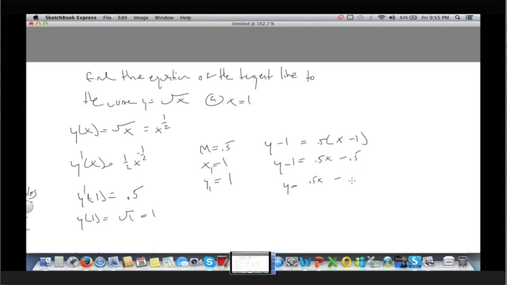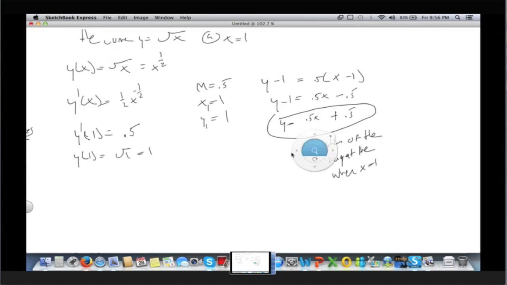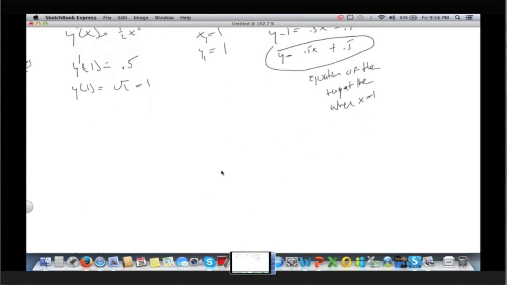Alright, let's mix up this one. Okay, there's the answer, and then I get word practice after graph, right? Good.